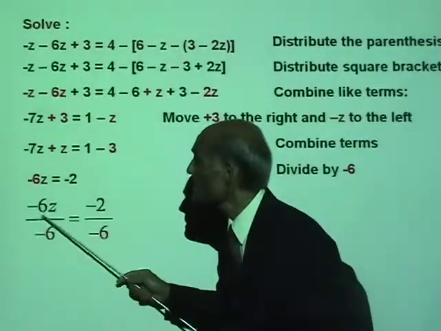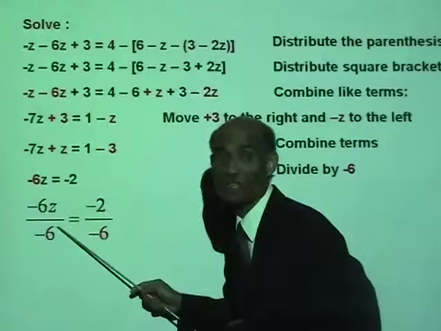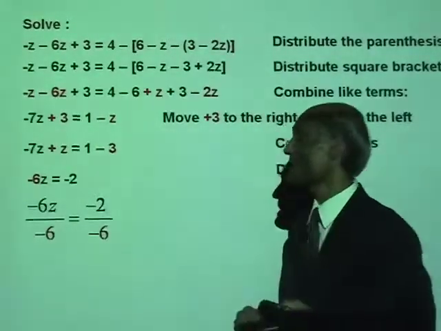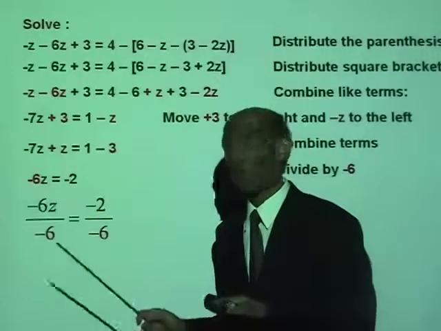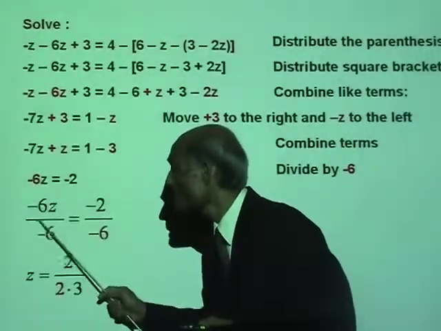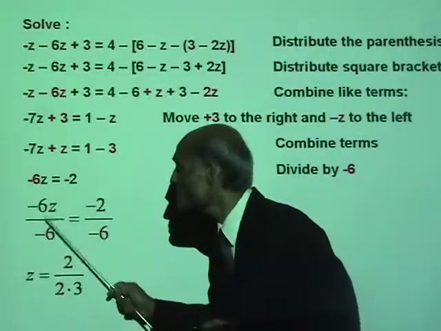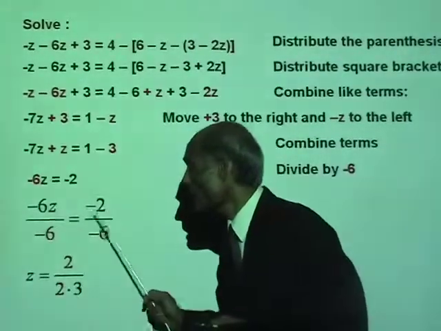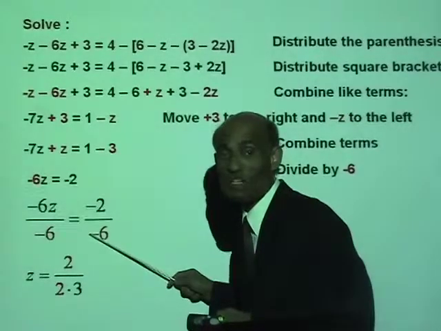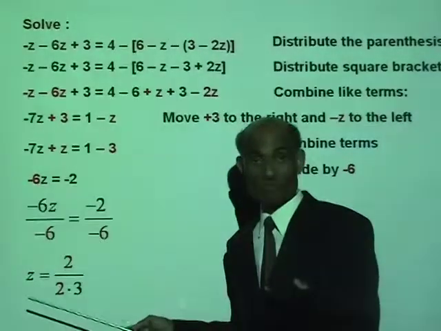Negative 6z divided by negative 6 equal to negative 2 divided by negative 6. On the left, the negative 6 and the negative 6 will cancel, leaving z alone. And on the right, you notice a negative divided by negative is a positive.